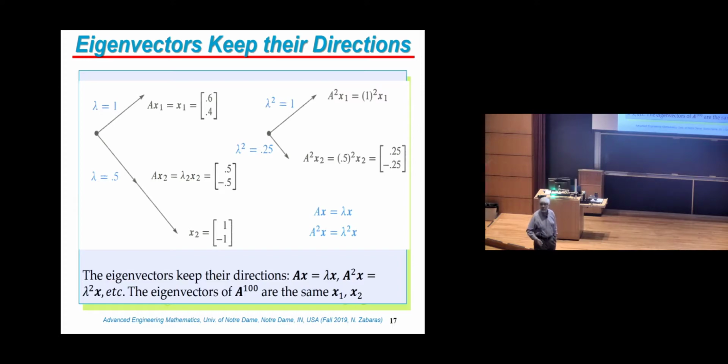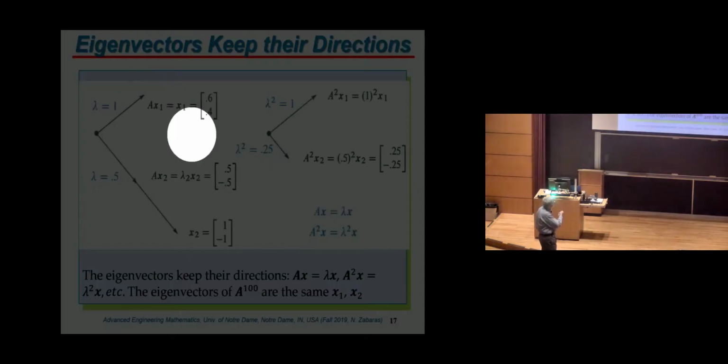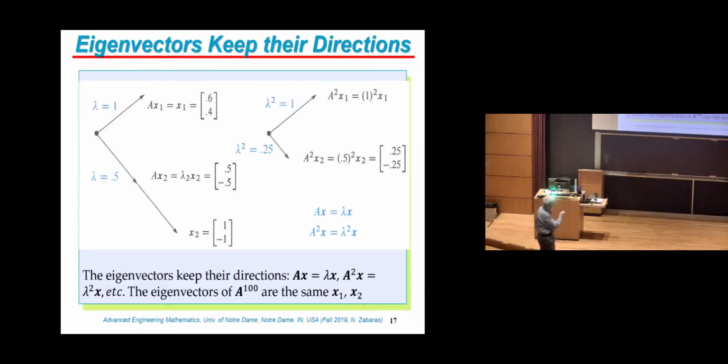It is x1. So effectively, if you keep operating with A, you remain in the original direction of these eigenvectors, regardless of what power of the matrices you take. And actually, we will use this trick to compute A to the power 900.